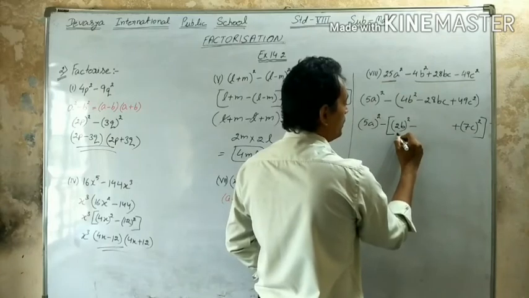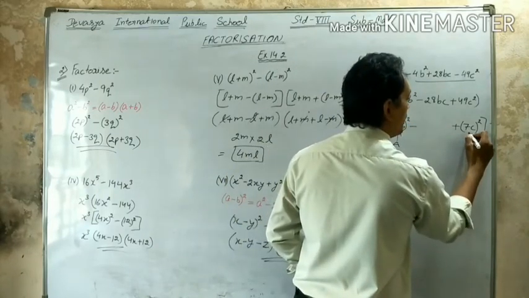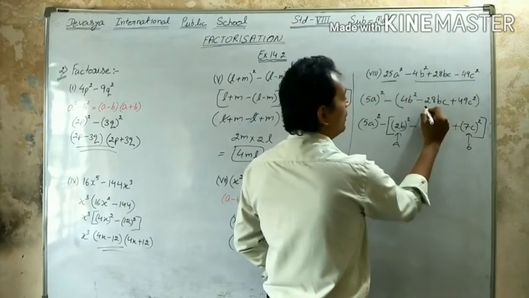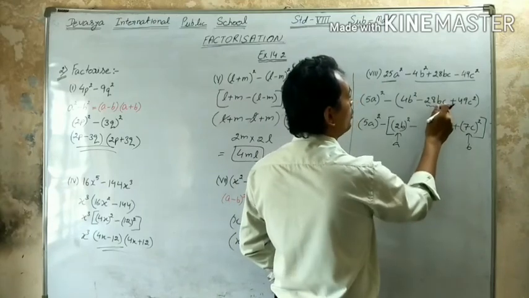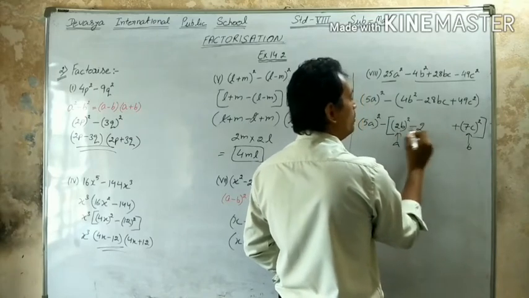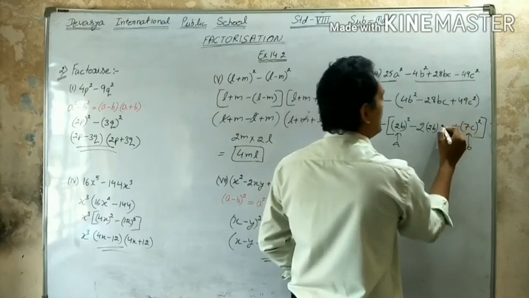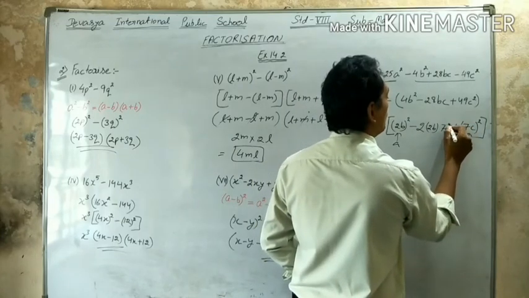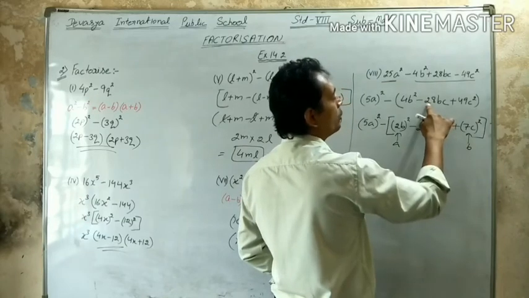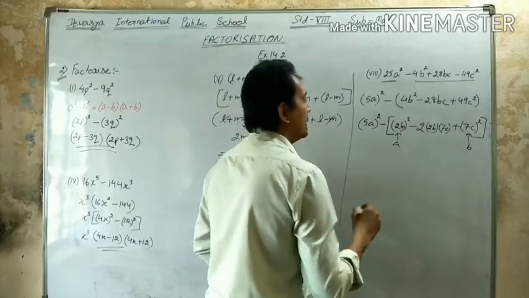Now the first term in the bracket is a, and the last quantity is your b. We need to put the middle term like this, 2 into a into b. So 2 into a is 2b, and b is 7c. When you multiply 2 into 2b into 7c, you get back 28bc. So we have modified this expression according to the identity.